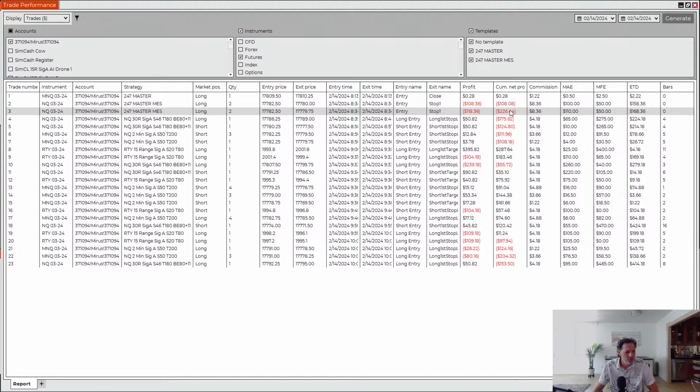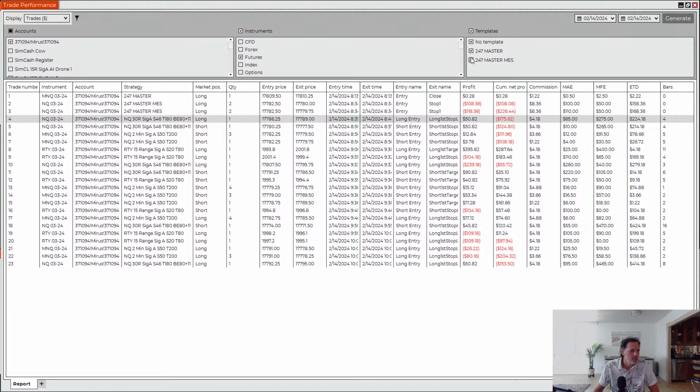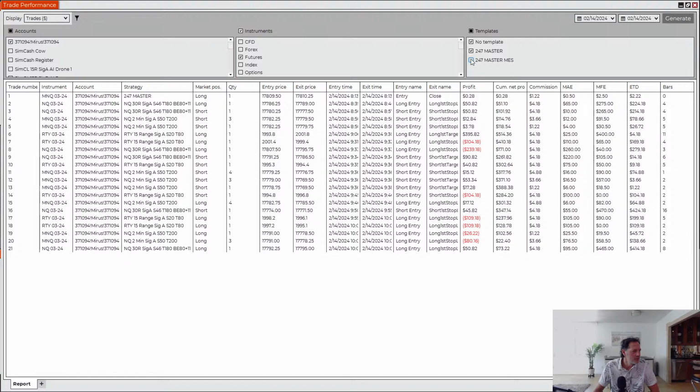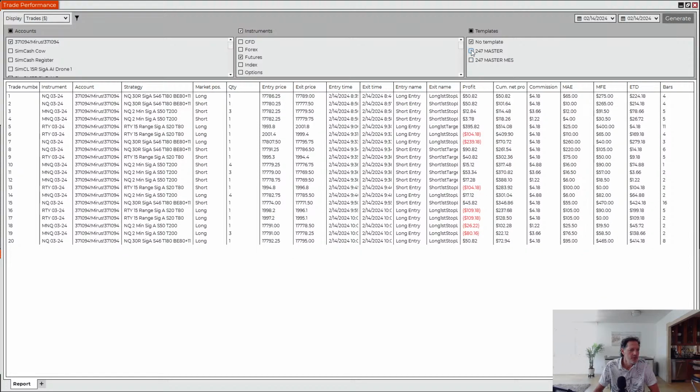Unfortunately, lost those two, so I was down 226 before I started the strategies. Okay, perfect. So, getting rid of my two manual trades, it's now just showing all the auto trades. So this is the cumulative net profit for the auto trades.